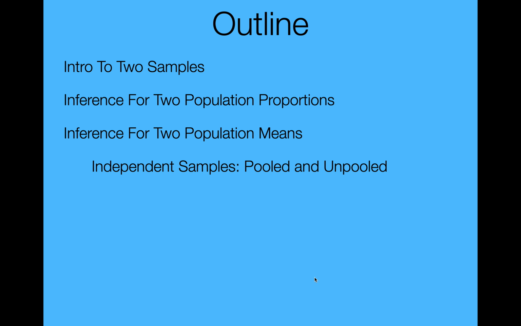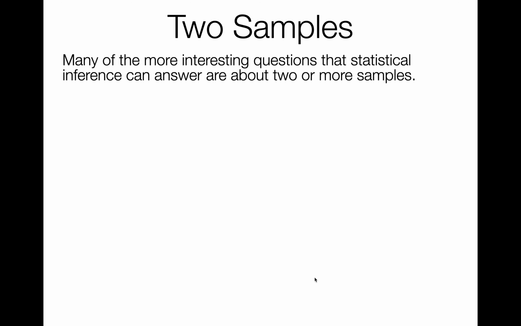Actually, we'll talk about unpooled first, and so we need to talk about what pooled and unpooled variance means, all that good stuff we'll get to. And then we'll talk about dependent samples, which is often called a paired t-test. We'll talk about all these things in just a little bit.